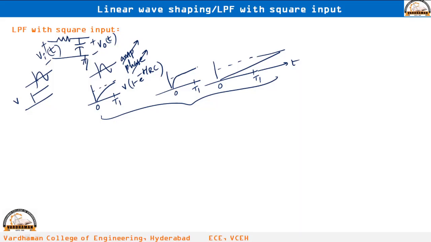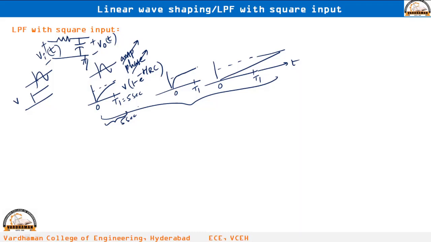For example, T1 is equal to 5 seconds. To charge up to V volts in the first case it has taken 5 seconds only, and T1 is also 5 seconds. You are observing the output at T1.